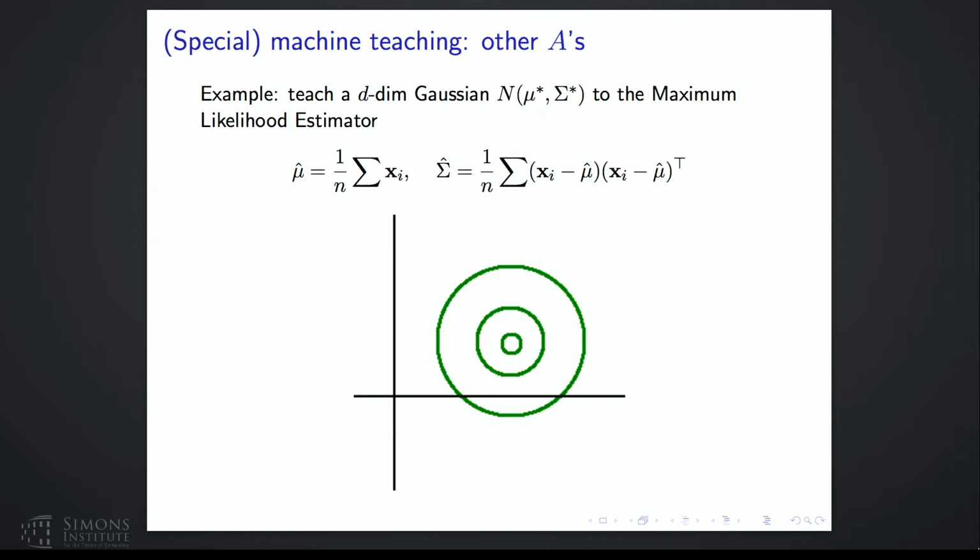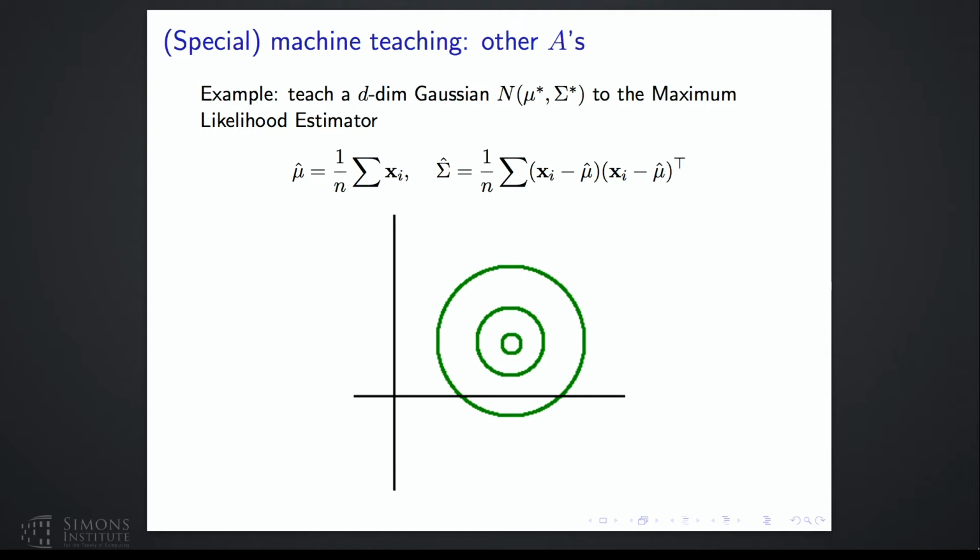So the teacher has a target, in this case, parameterized by mu star and the covariance sigma star. The question is how many examples, if you have the ability to construct them, would you need so that the student can successfully learn that Gaussian?